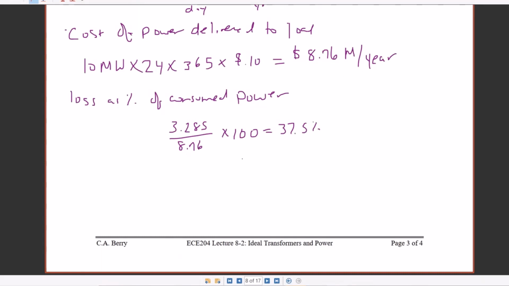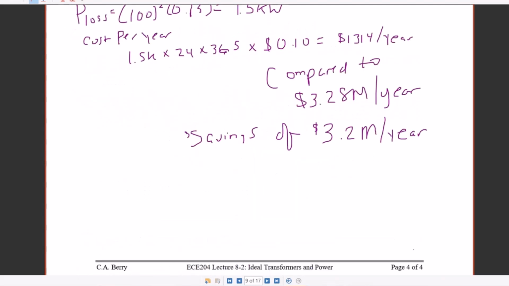I'm going to have 8.76 million in the denominator. But now I have to write 1314 in terms of millions. So I think that becomes 0.001314, because you got to change it from thousands to millions. I think that's right. So you can see it's a much less number, but somebody tell me what that number is.